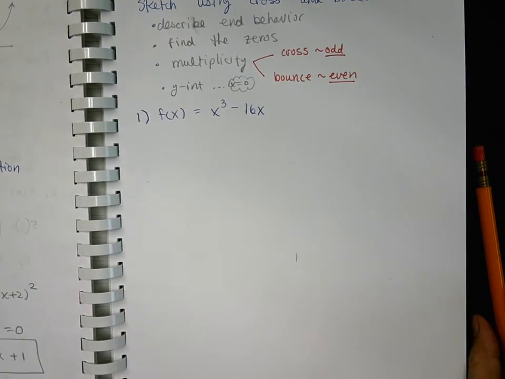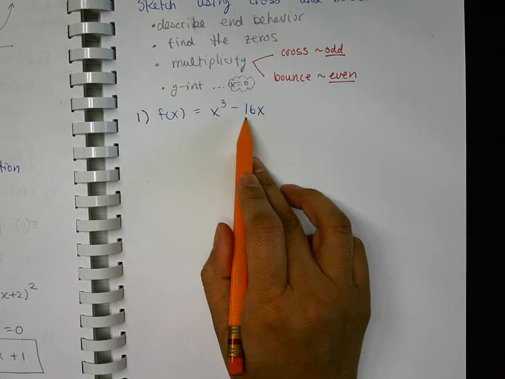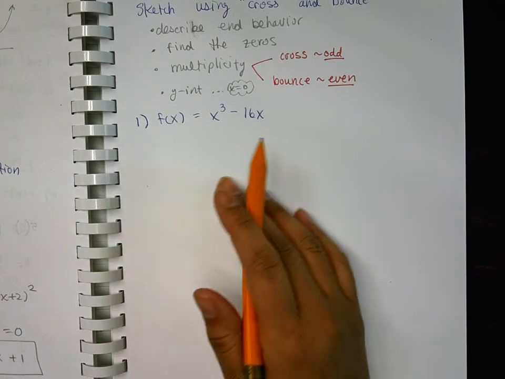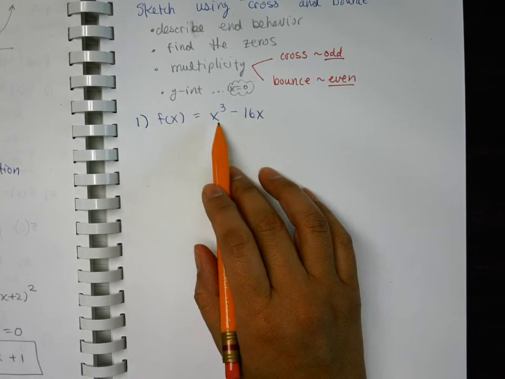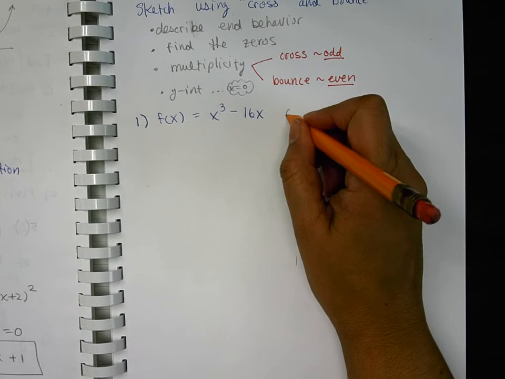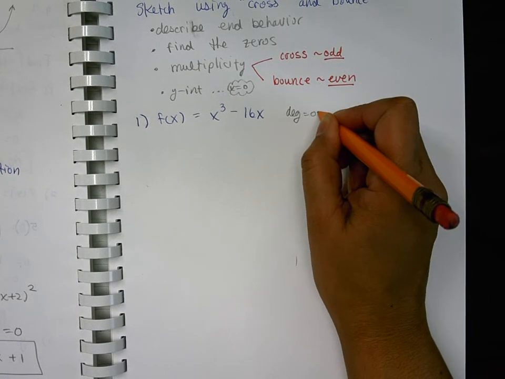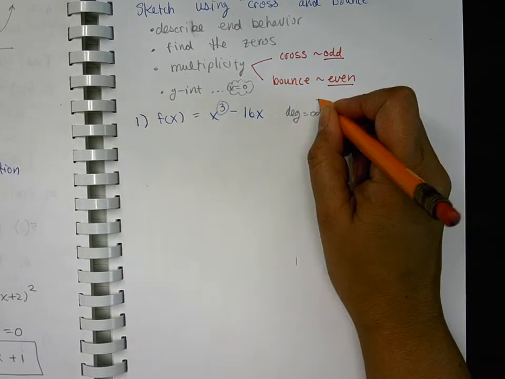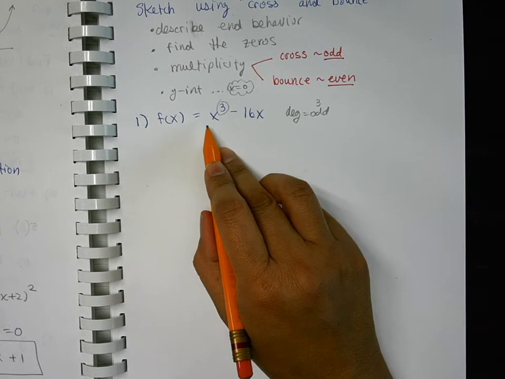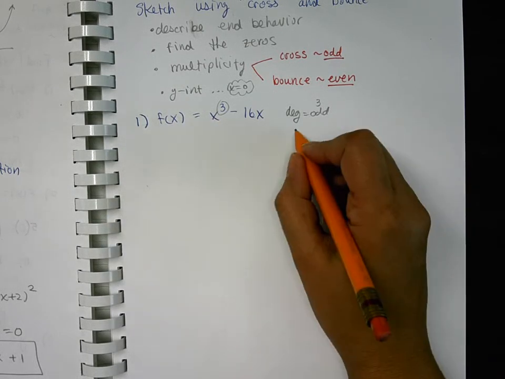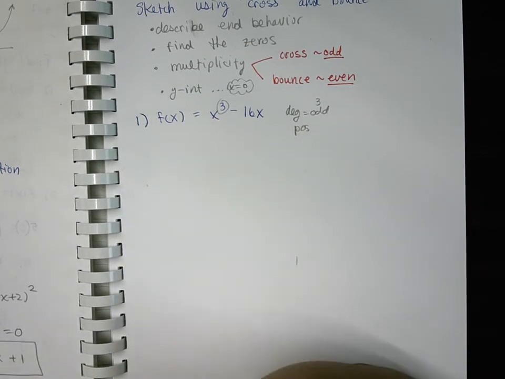What do we do here? First thing was describe end behavior. What's the degree? Even or odd? Degree is odd because it is 3, yes or no? All right, is it positive or negative? Positive. What does that mean about your end behavior? Low, high?